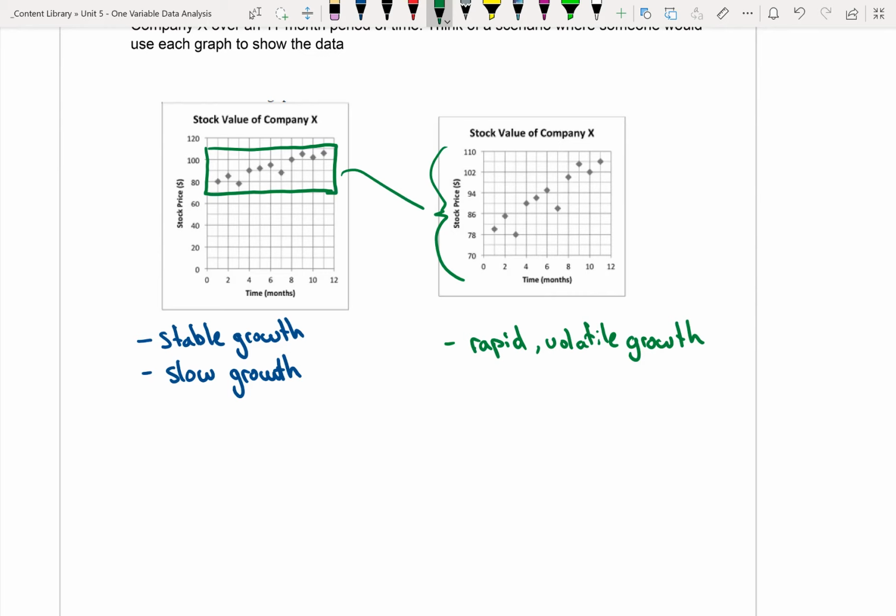So it shows that it's volatile, which means it's not quite consistent. It could be up, it could be down.